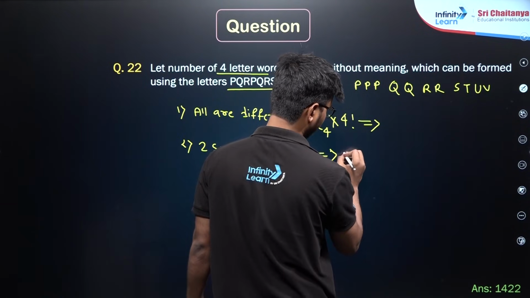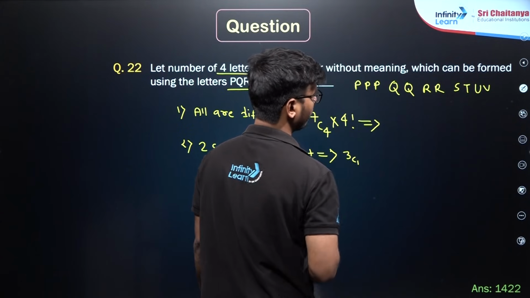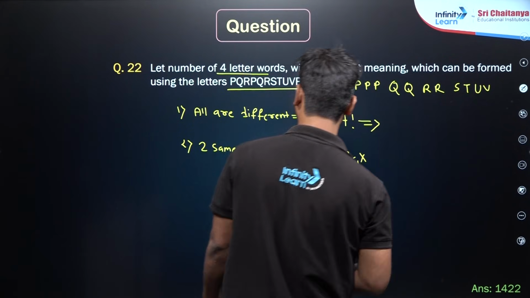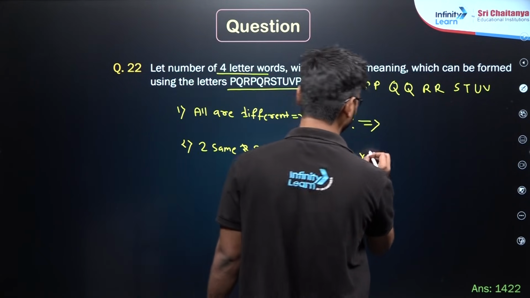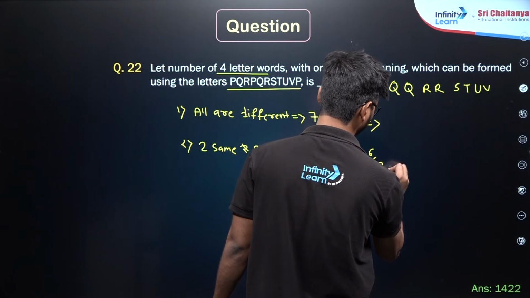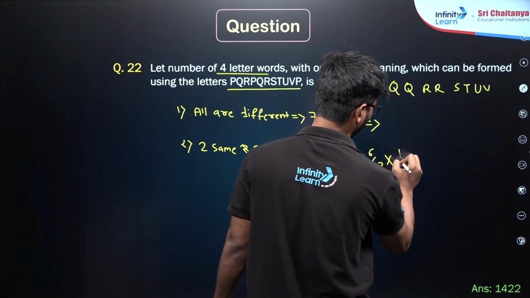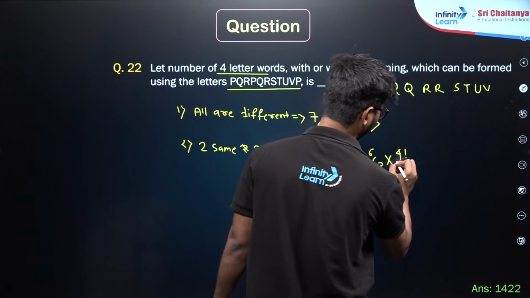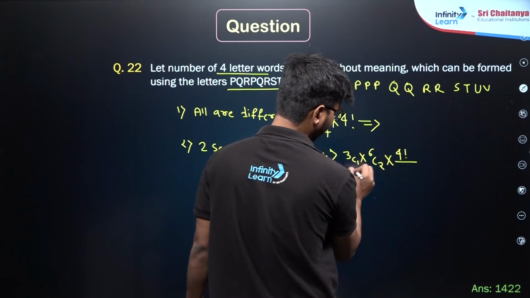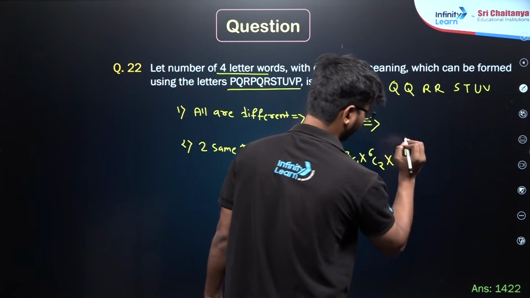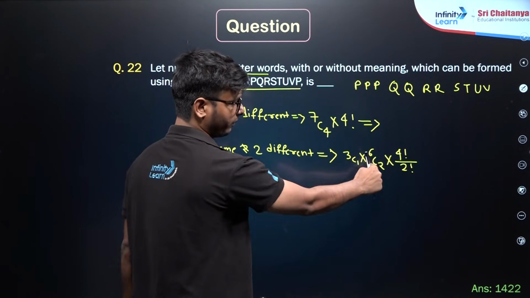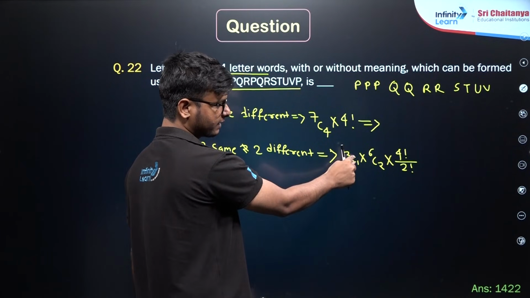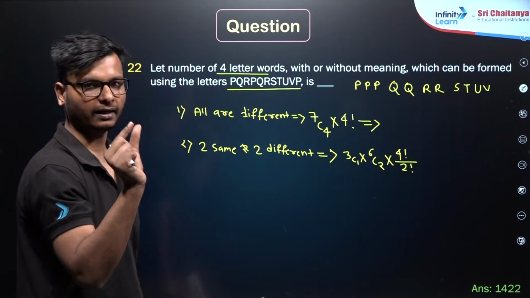So between these 3 I am selecting any one, and I have to take 2 different. So between the remaining I am going to select 6C2, and these 4 can be arranged themselves in 4 factorial upon 2 factorial, since one letter is getting repeated. Correct? So it will be 4.